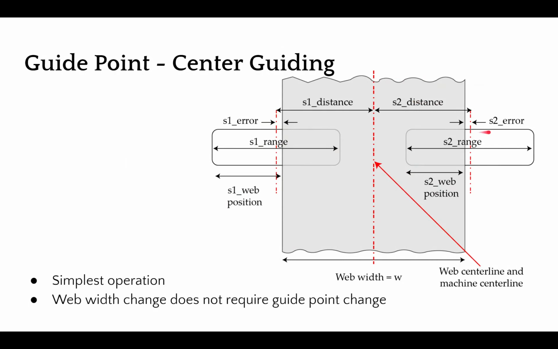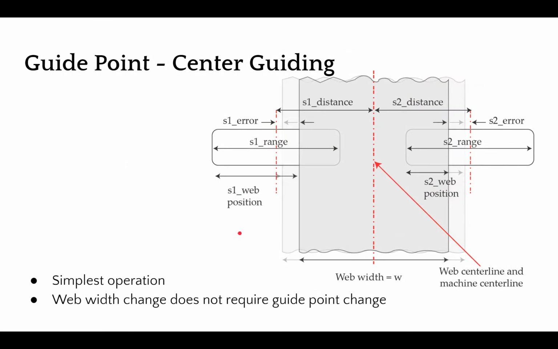And like I mentioned, if you don't know the width of the material that you're running, or the product could have variations in width, then if you put two sensors that are equidistant from the middle of the machine, irrespective of the web width change, the guide point need not be changed. So there's really no need to change that.